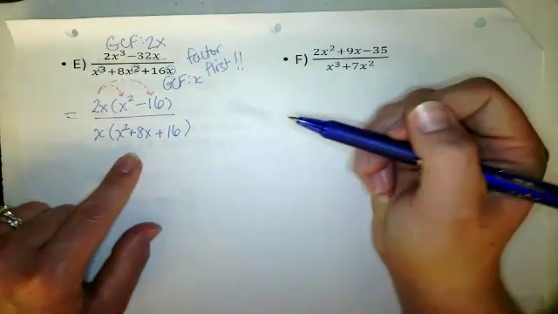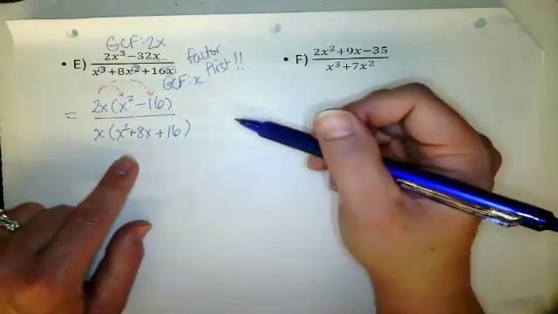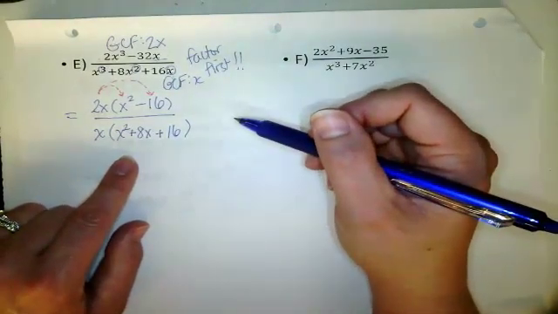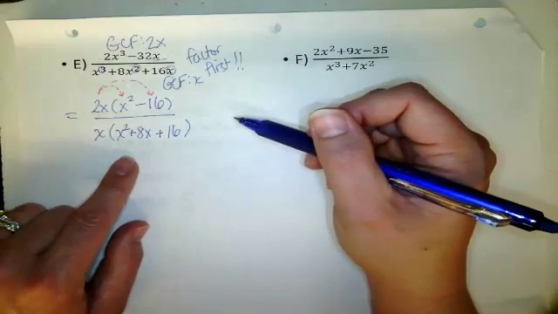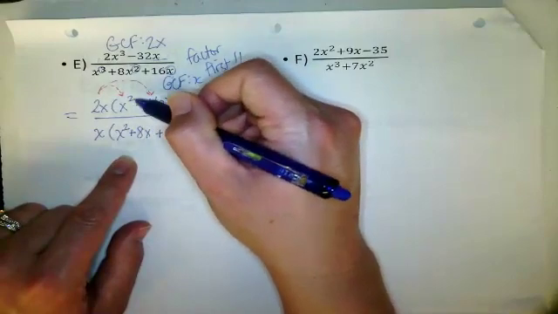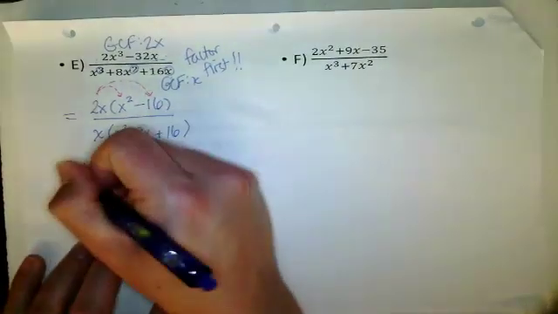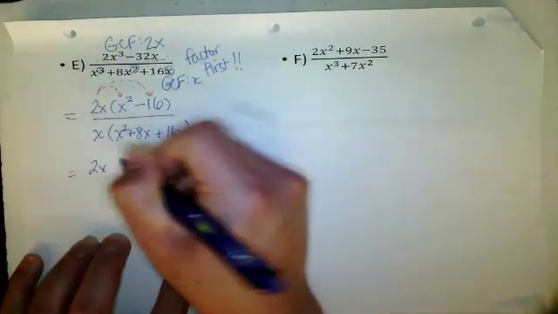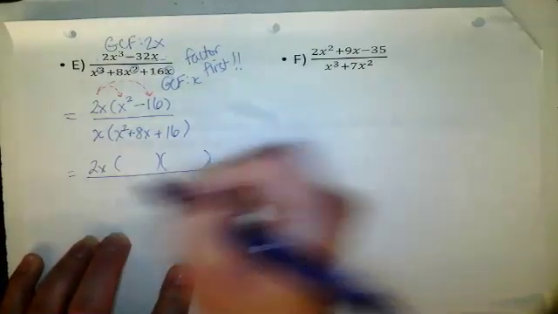Very good. Can I factor some more? Yes, we need to factor further. These are still x's being squared, and so we can probably still double bubble those. So this one just has an extra step.